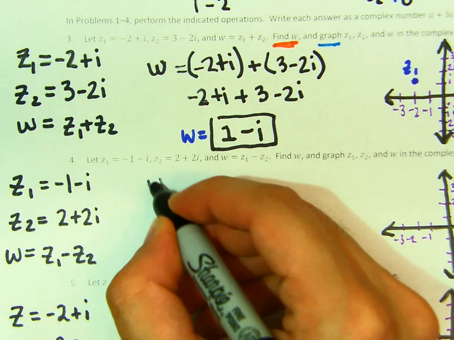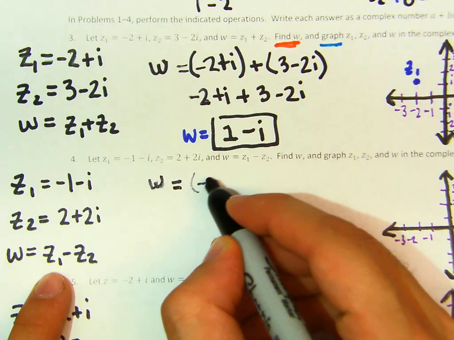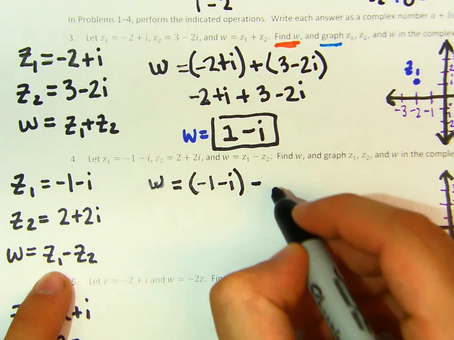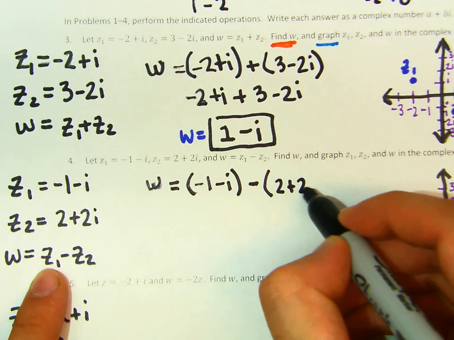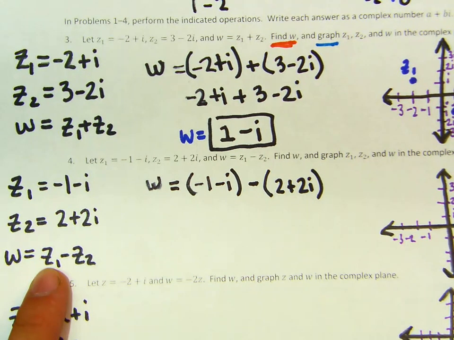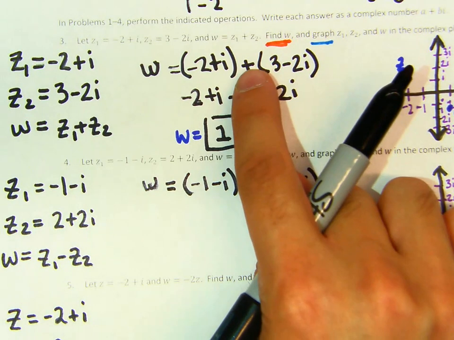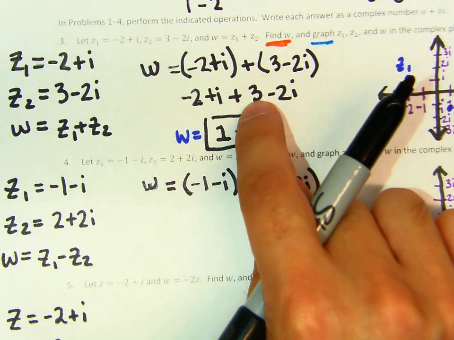So w is equal to z sub 1, which is what? Negative 1 minus i, right? Minus z sub 2, so it's 2 plus 2i. Okay? Then we're just taking this minus this. But before here, there was a positive 1. So positive 1 times 3 is 3.